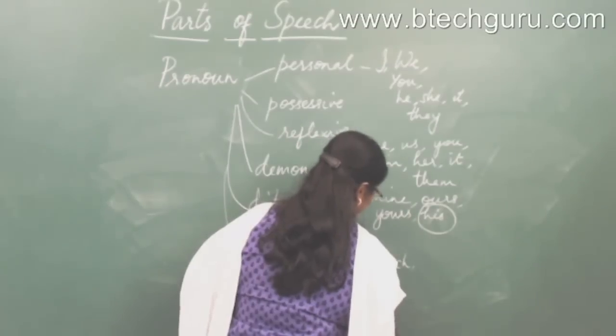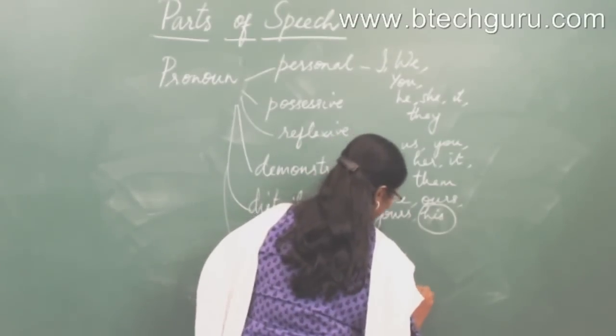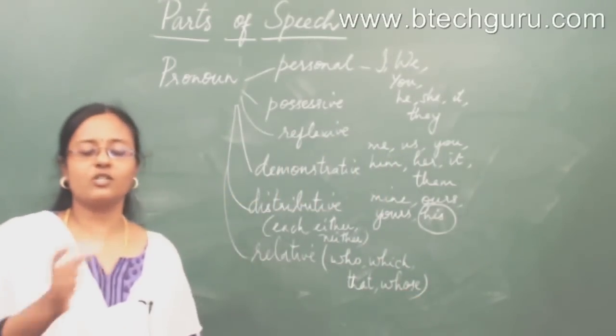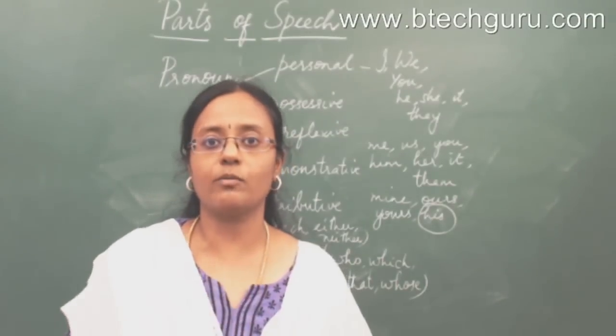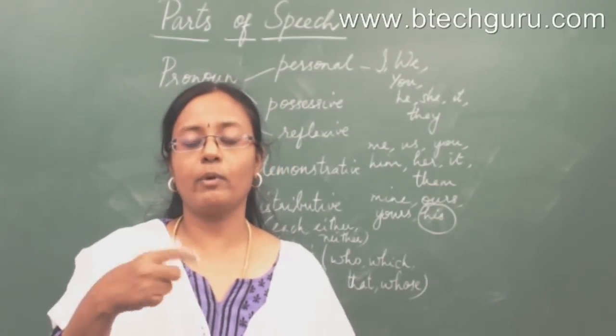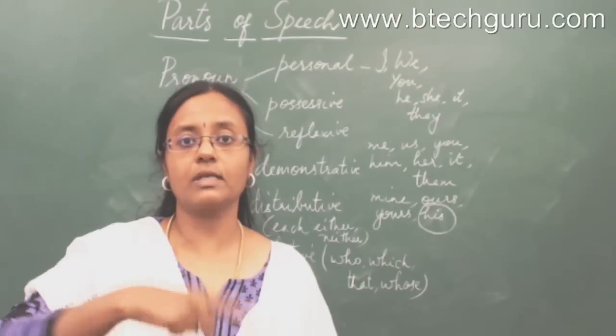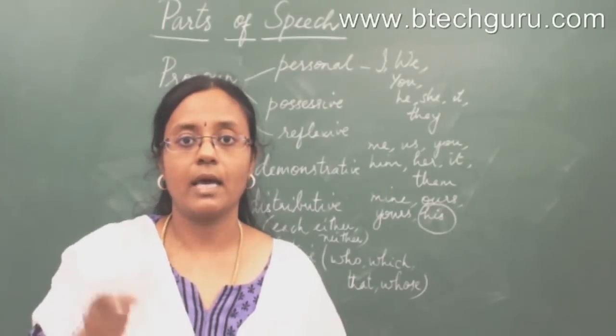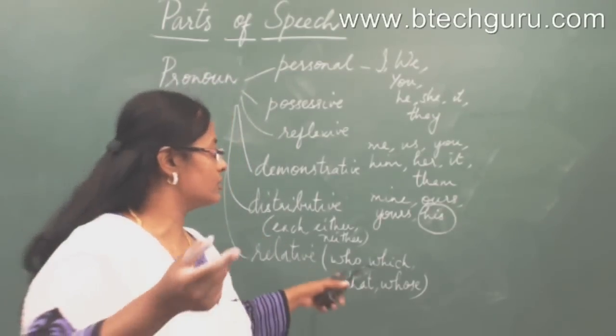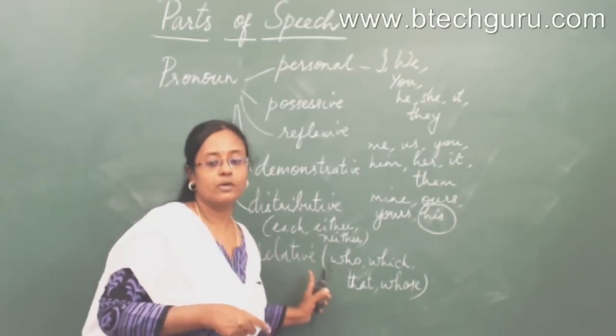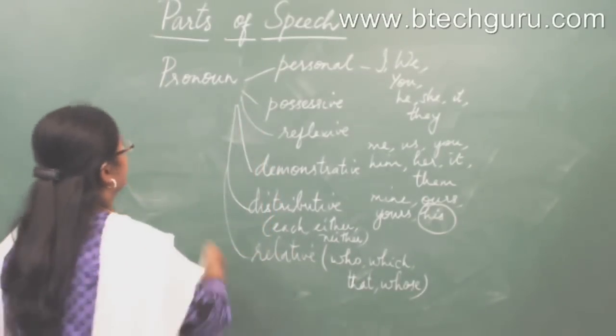Who, which, that, whose. I hope you remember the subordinate clause. We touched upon that in the last session when we talked about complex sentences. Remember what a complex sentence is? A sentence which has one main clause and any number of subordinate clauses. And the word which introduces the subordinate clause is a relative pronoun. Okay?